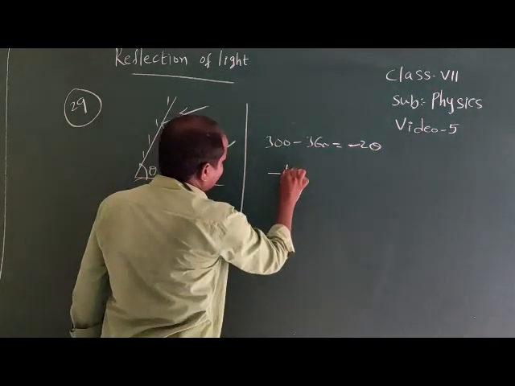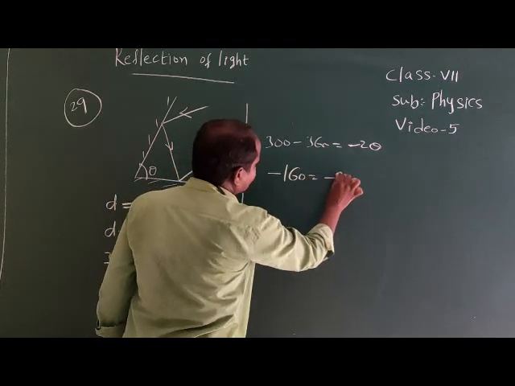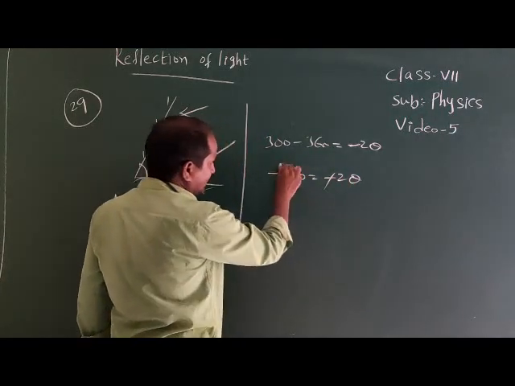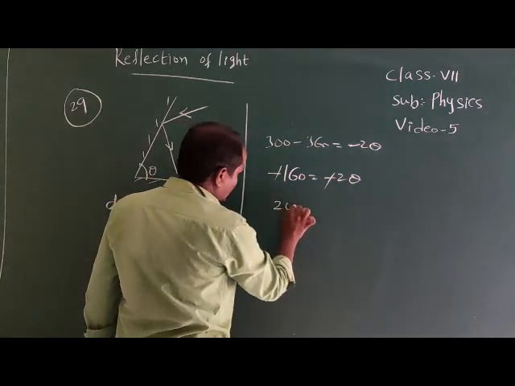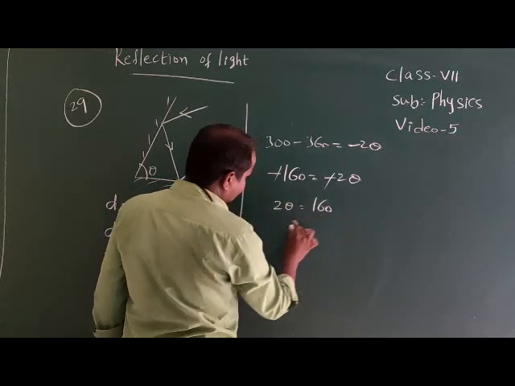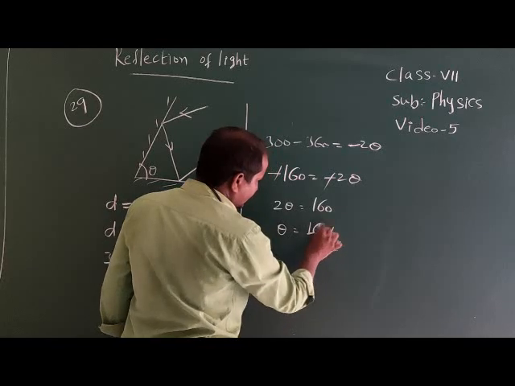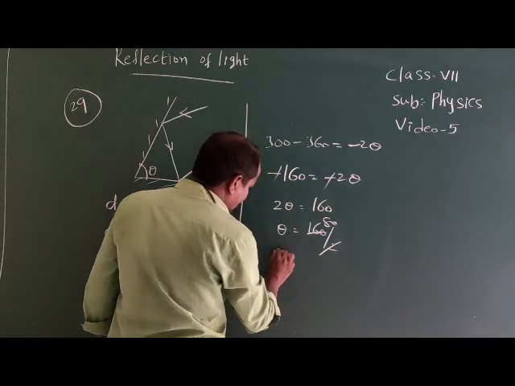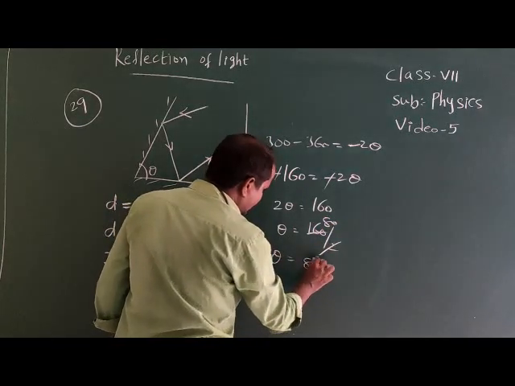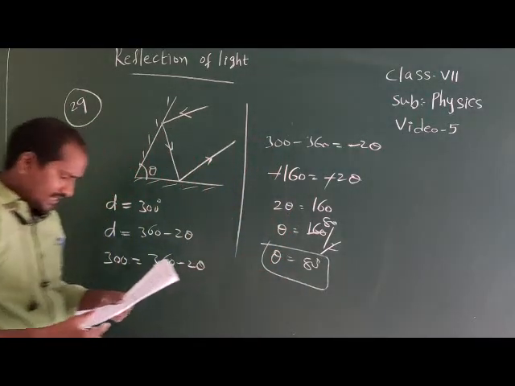So how much here? Minus 160 equals minus theta. Minus minus cancels, so 2 theta equals 160. Theta equals 160 by 2, theta equals 80 degrees.